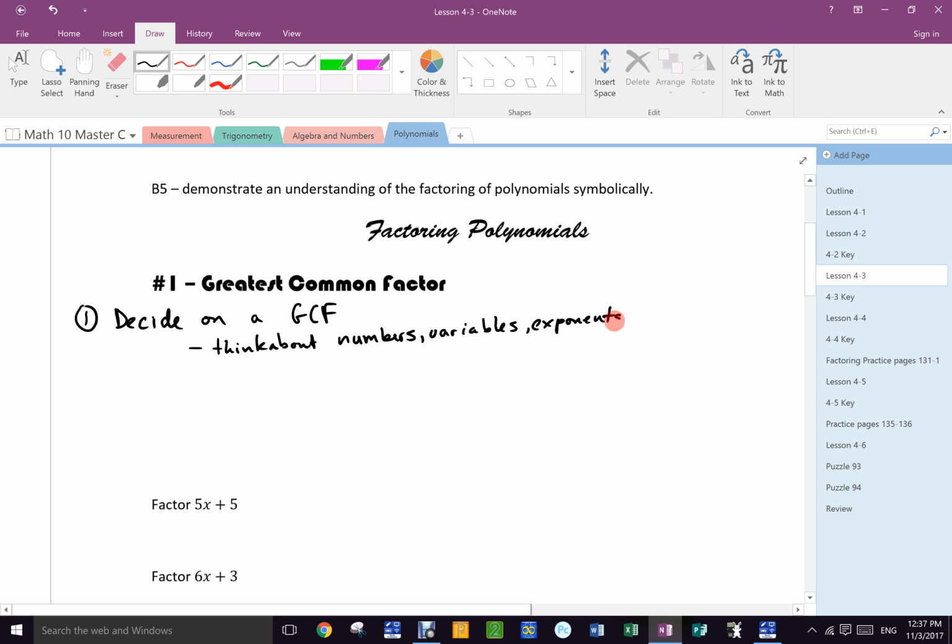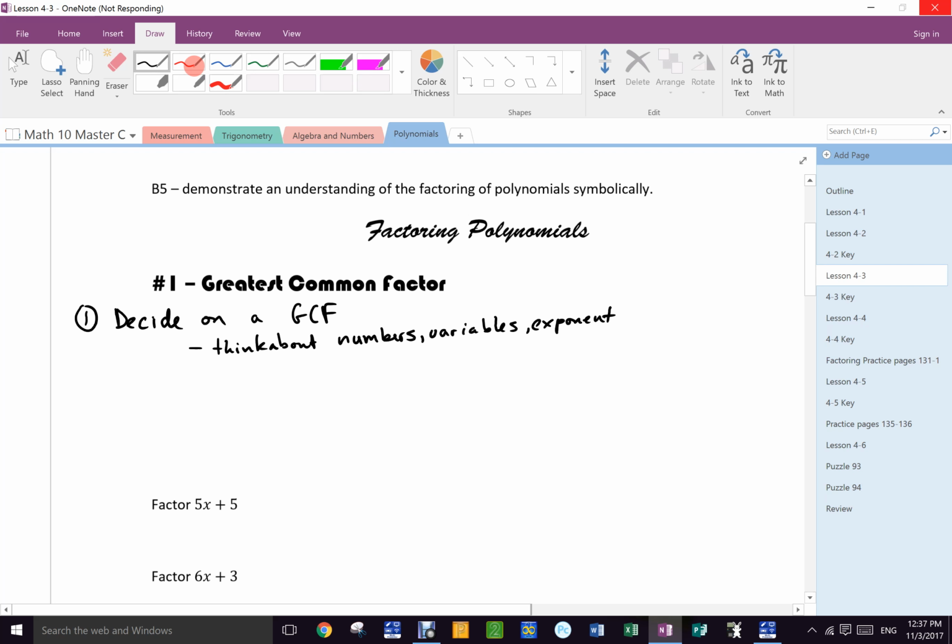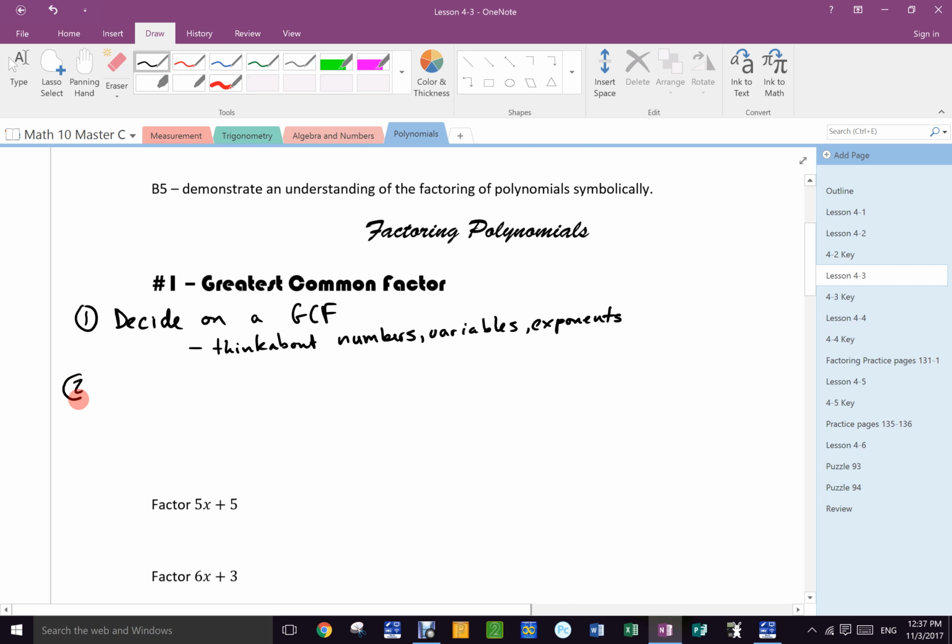Once we have that GCF, what was step 2? We've just done it twice. What did we do with that GCF? We divided what? Right. Step 2, we divided the entire polynomial by the GCF.